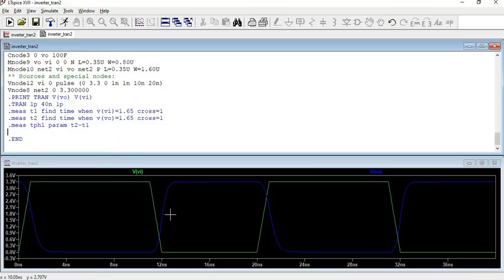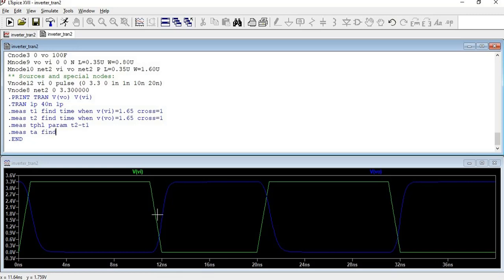For the low to high transition, that would be on this area or this area. So if you're going to use this, the command should be that measure. Let us use another variable, since you cannot use the same variable.